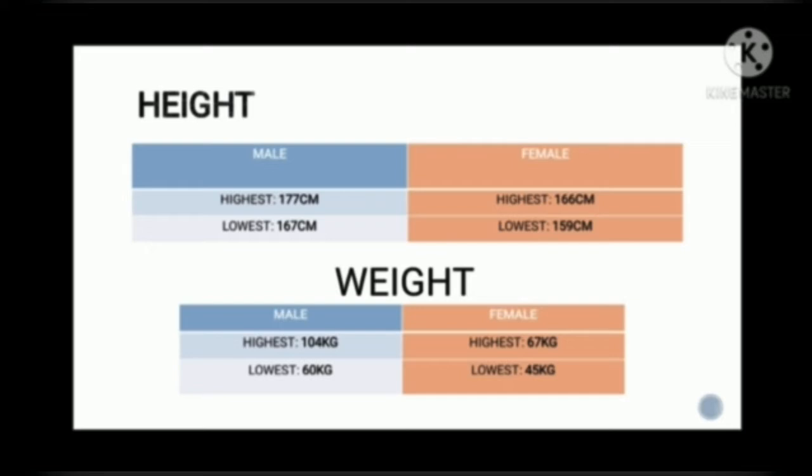For weight, the highest for males is about 104 kg, meanwhile the lowest is about 60 kg. For females, the highest weight recorded is about 67 kg, meanwhile the lowest is about 45 kg.